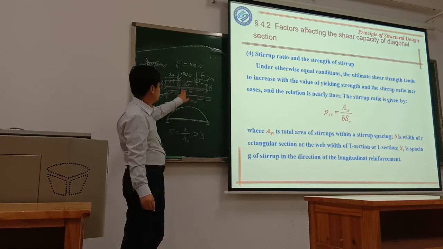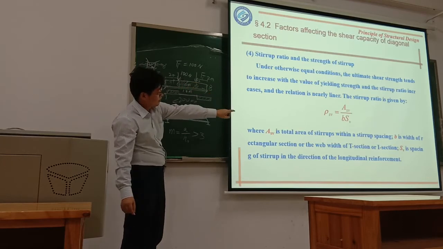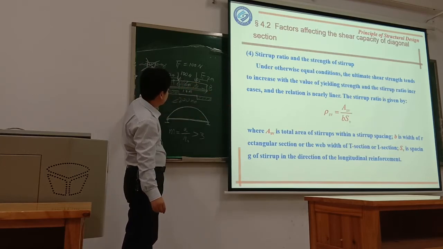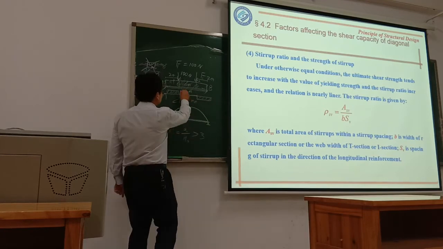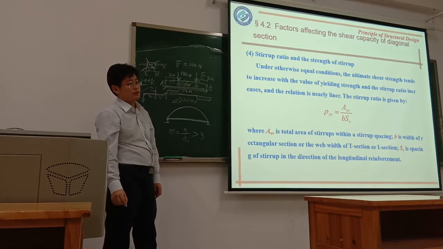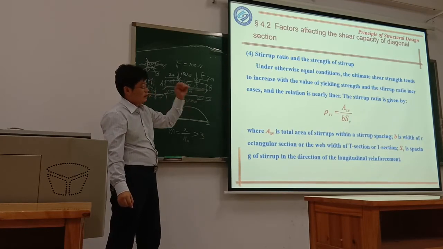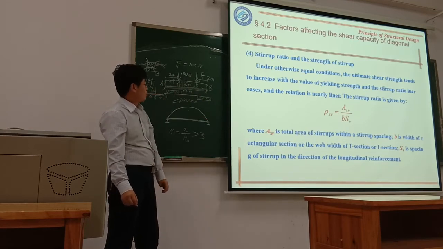You got this area of this stirrup. And b is the width of the beam. s_v should be like this, the spacing of this stirrup. So that's the reinforcement ratio for stirrup, how to calculate it.